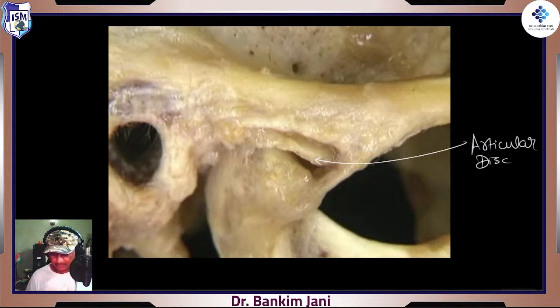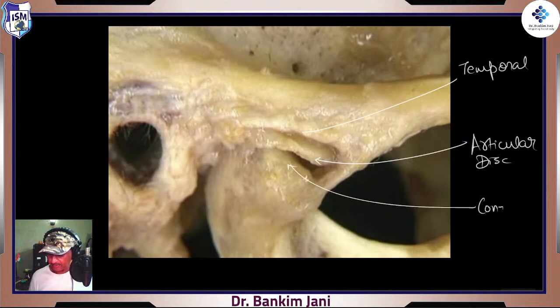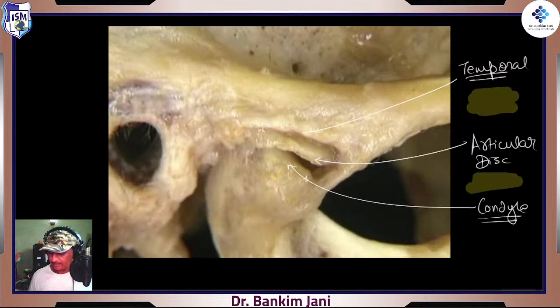So we do have the top portion, that is the temporal bone, very fine. We do have this lower portion, that is the condyle, that is from the mandible. But then in between there are chambers, there are cavities.